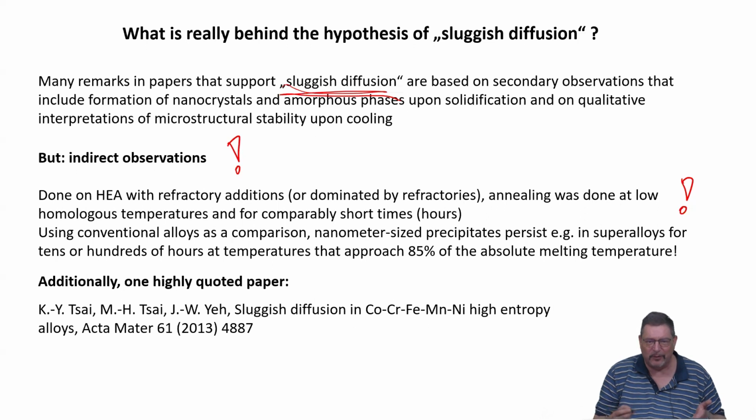So actually diffusion doesn't play a role at these low homologous temperatures. In any case, you will have sluggish diffusion, but you would have sluggish diffusion also if you used pure tungsten and did these tests at these low temperatures. And so it's not really the meaning behind sluggish diffusion in the high entropy context.